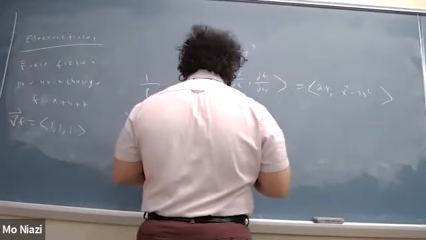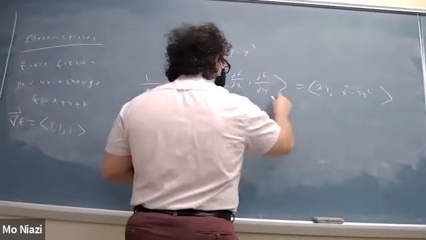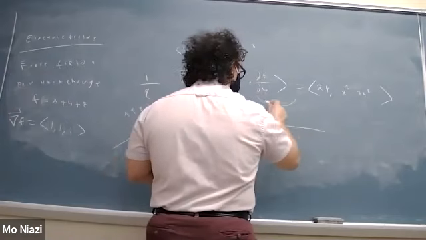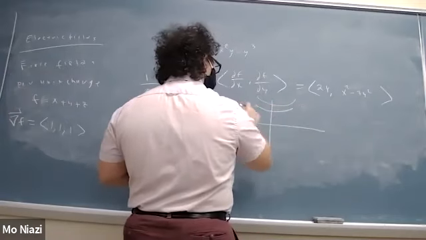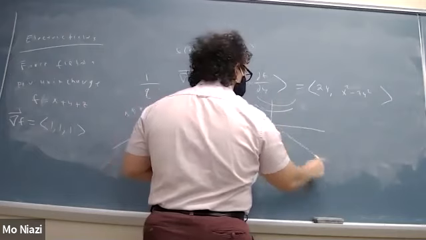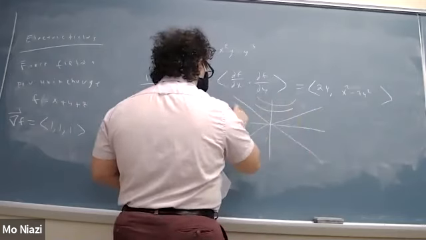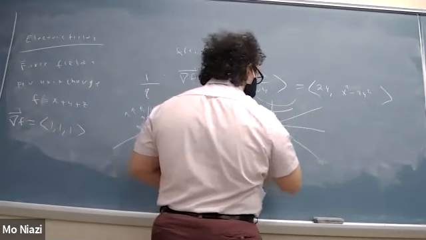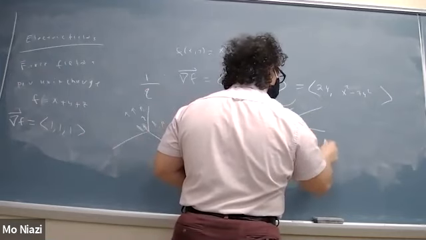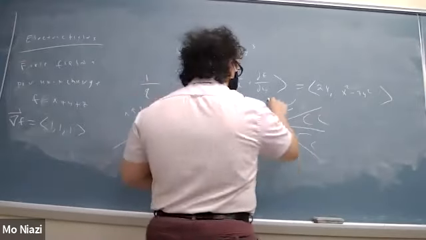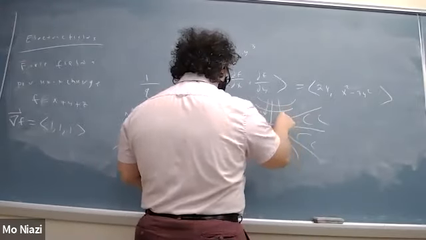Now, what does this look like when you plot it? Doing this by hand would be very difficult. That's why it's very helpful to have those computer programs. And your vector field would look something like this.